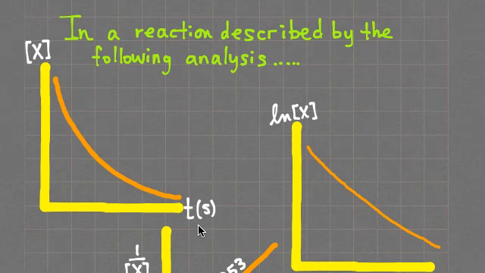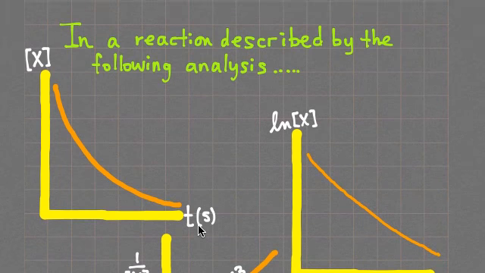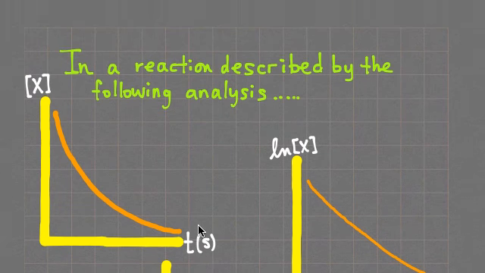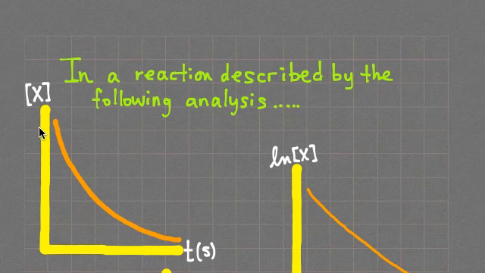Alright, setup of the question. In a reaction described by the following analysis. So here I have a graph, not too surprising. The original straight-up concentration versus time, it almost always slopes down like that unless it's zero order.